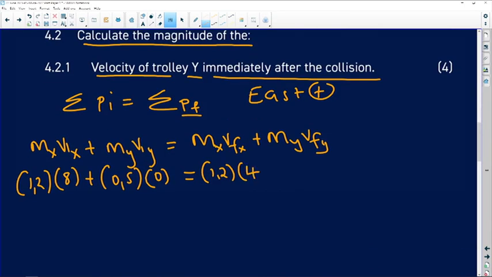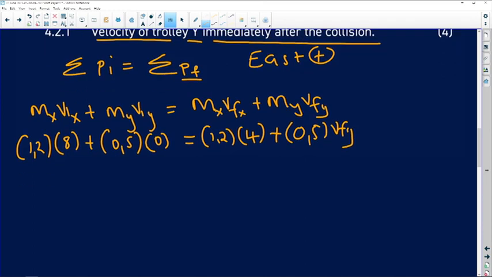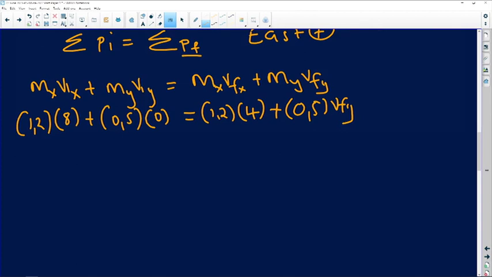It's still positive, plus we have 0,5. We don't know the velocity immediately after they've collided for Y, so we can say VF for Y. We don't know that. From here, we can just use our calculator and we get our answers. Obviously here, what we have is 0,5 and 0, it will give me 0.